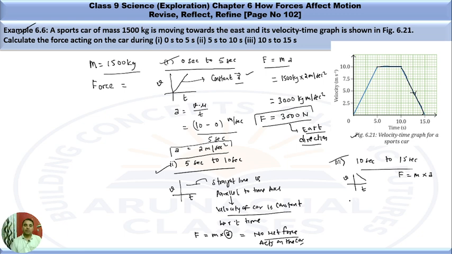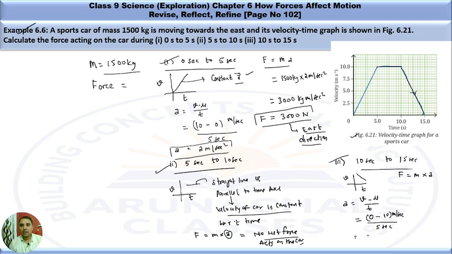We have acceleration as change in velocity with respect to time, v minus u upon t. The final velocity is 0 and initial velocity is 10, with meter per second taken common. Time is 15 minus 10, that is 5 second.